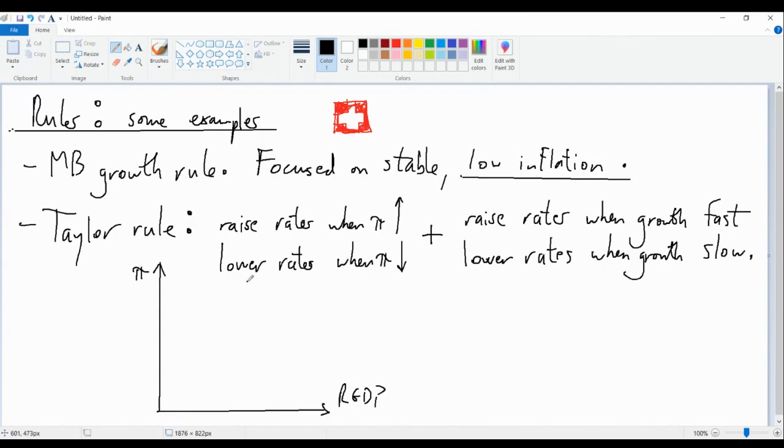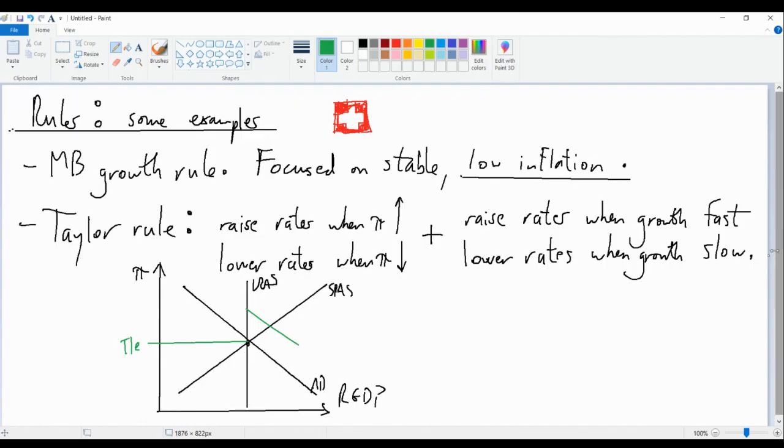So here is our macroeconomy. Let's see. Suppose something happens that means that the demand curve moves over here, and so inflation is too high, and we're also growing, let's say, a little too fast, so to speak, right?